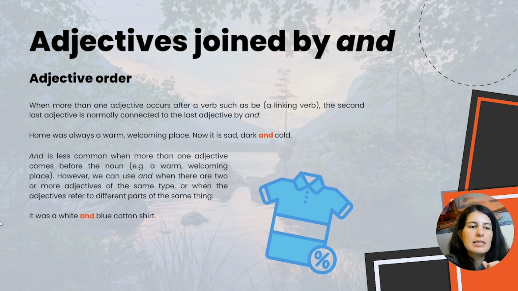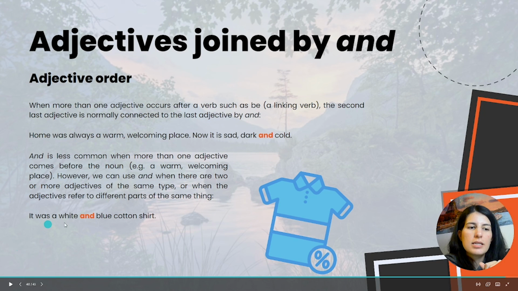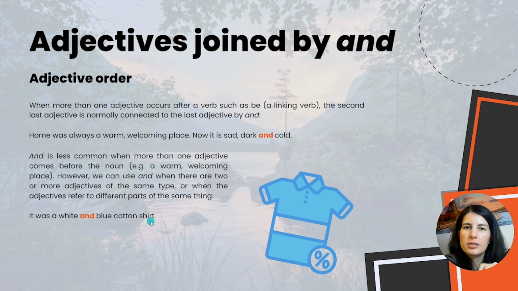Such as in the example, it was a white and blue cotton shirt, right? Just like the flag of the United States, red, white, and blue flag, right? The three words describe color, therefore we can, of course, put our conjunction and right there.